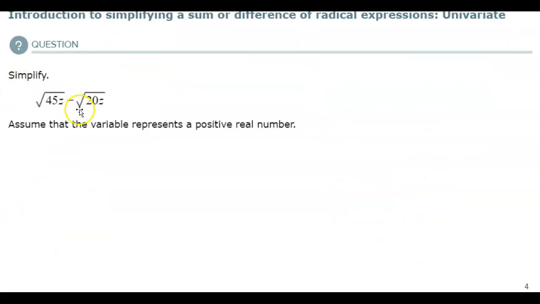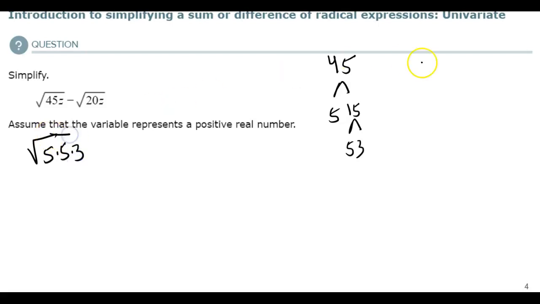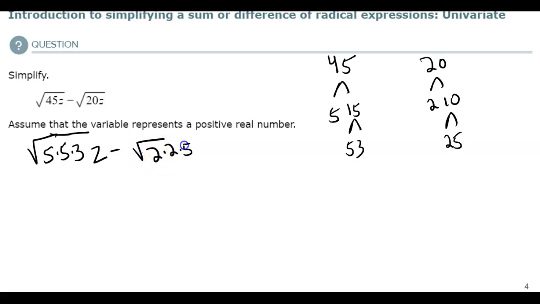We can also do that when we have a variable, so let's take a second to think through that. So let's think about 45, 5 times 15, 5 times 3, so this is 5 times 5 times 3. 20, 2, 10, 2 and 5. There's a z in there, minus 2 times 2 times 5 times z.